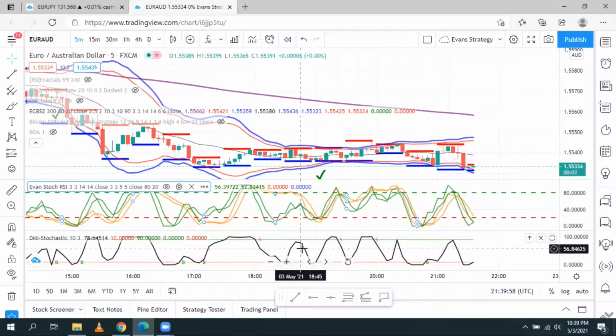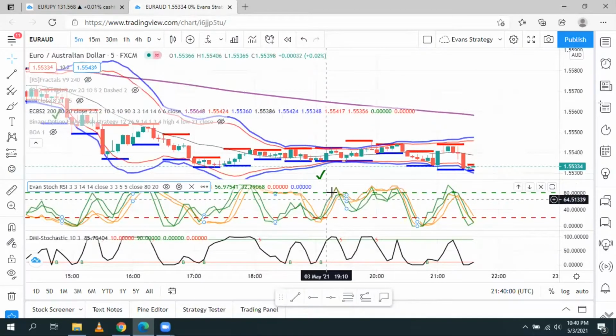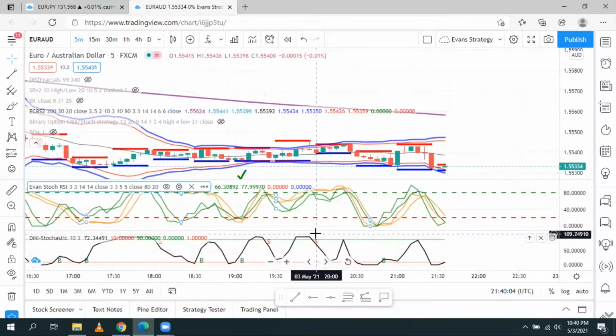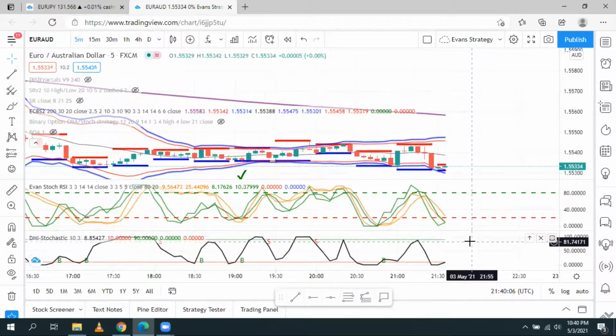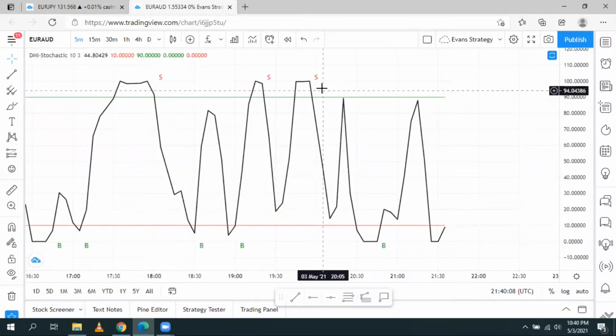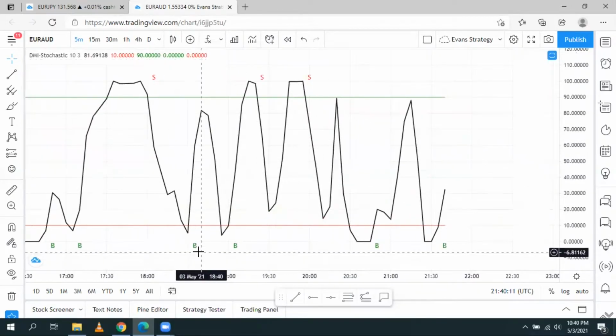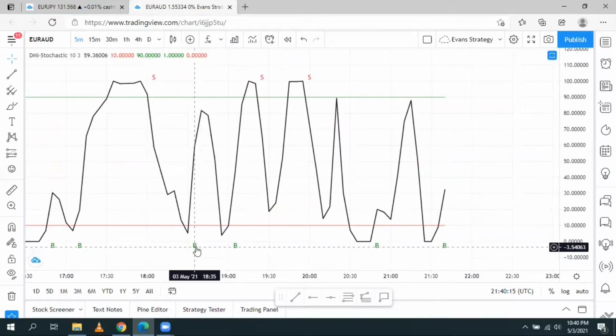So now this DMI stochastic is working in line with this stoch RSI as well. But all we need the DMI for is just to give us this symbol, the sell and the buy. Once the market is ready, it's the DMI that is going to give you that signal to buy or to sell.